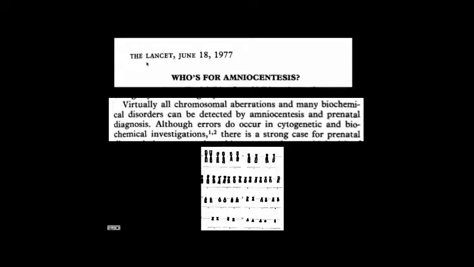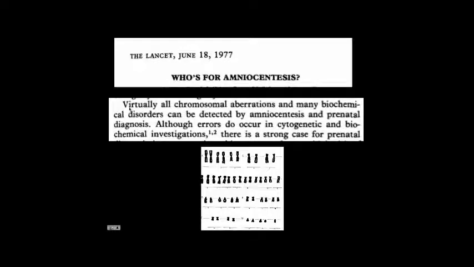Interestingly, we frequently have a very arrogant attitude that we understand and know way more than we think we do. This is just from an article in Lancet in 1977 talking about the introduction of amniocentesis.